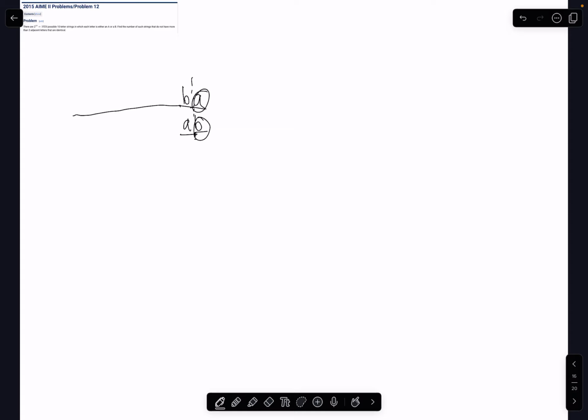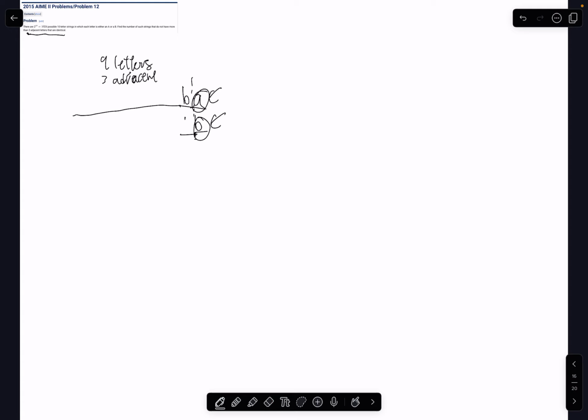So this sequence is going to be 9 letters long, and it also has to follow the rule that no more than 3 adjacent letters are identical. And it's going to be completely uninfluenced by this A here or this B, because it's of the opposite letter.